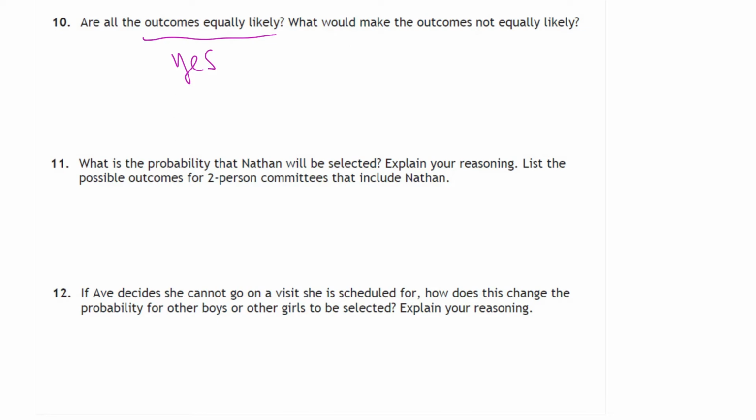What is the probability that Nathan will be selected? And explain your reasoning. List the possible outcomes for 2-person committees that include Nathan. Well, Nathan has a 1 out of 5 chance of getting chosen because there were 5 total boys.